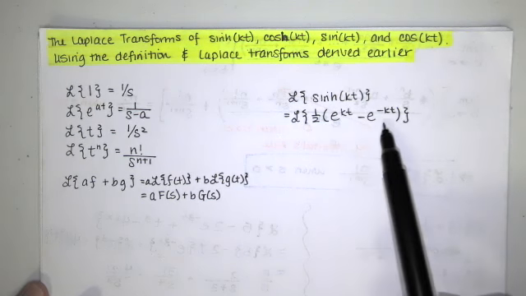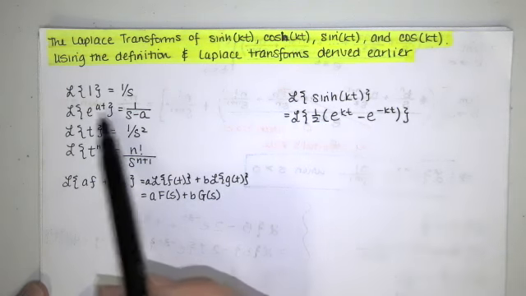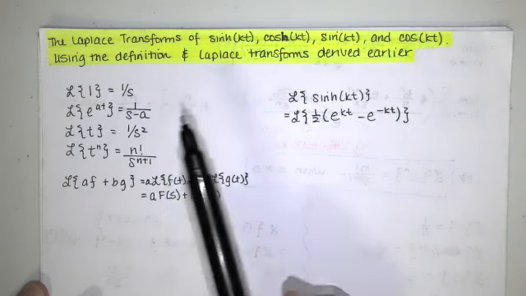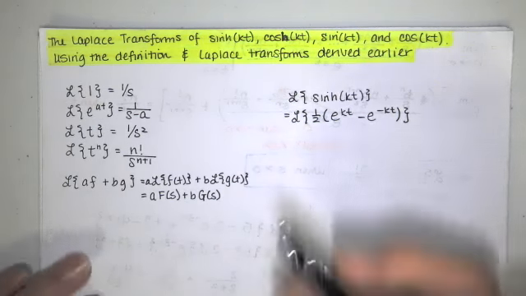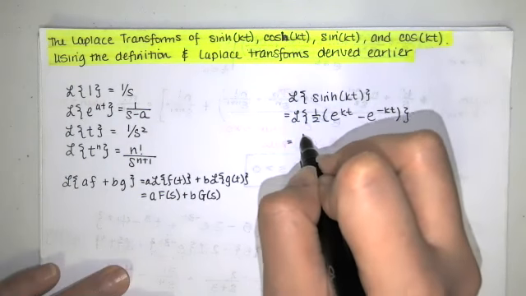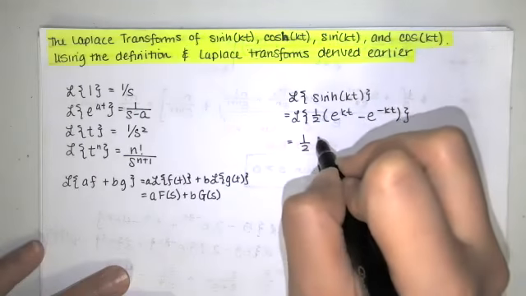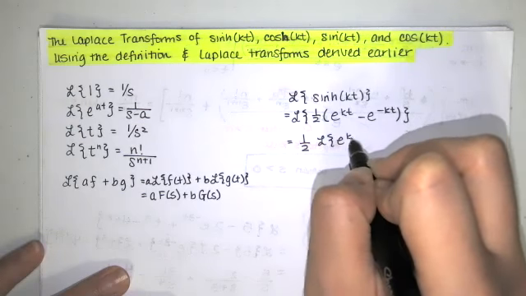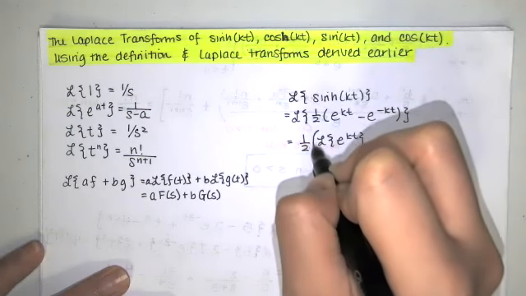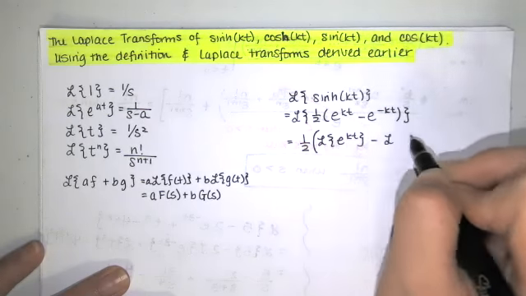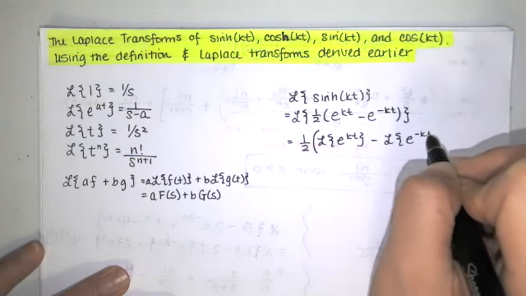Now, this is just a linear combination of exponentials, and we know the Laplace transform of e to the at from the derivation that we did in the last video. So we can factor out that 1/2 and then take the Laplace transform of each of these pieces separately. And I'm factoring out the -1 as well.